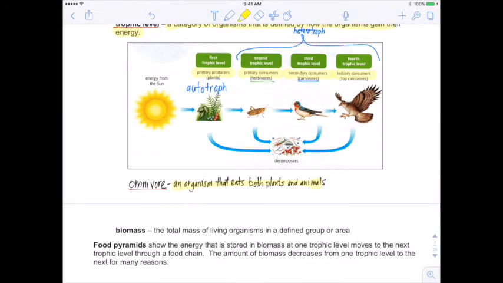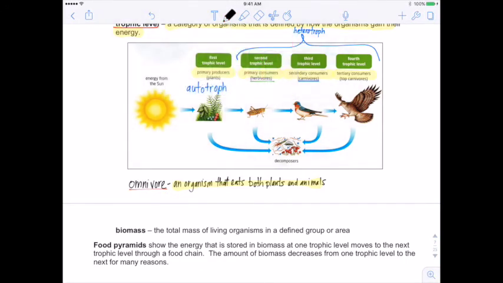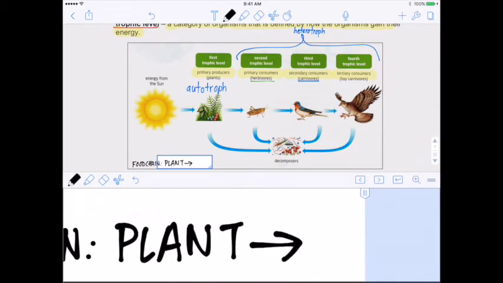So the above relationship can be summarized in what we call a food chain. And a food chain shows the feeding relationship between organisms. So I can write the food chain for above as follows. All food chains start with a primary producer.